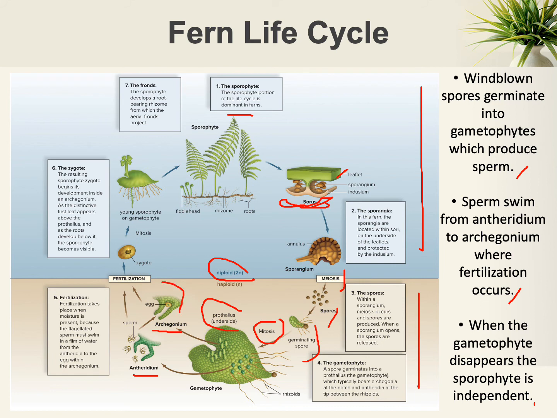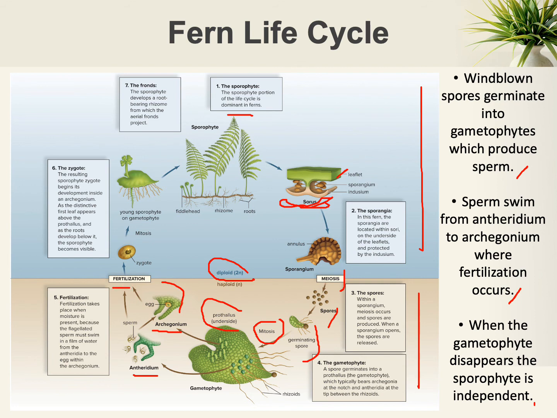Then fertilization takes place when moisture is present, because the flagellated sperm must swim in a film of water from the antheridia to the egg within the archegonia. So they need the aid of water, and must be in a moist or watery environment for fertilization to take place.